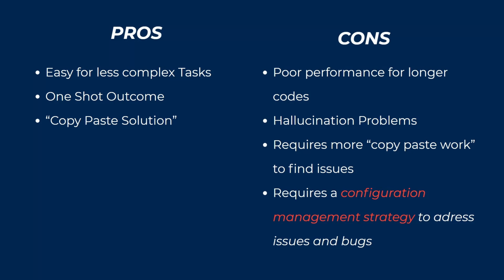So this means that you need a configuration management strategy. That means that you would be very careful about not losing the best so far version, which means that you would change parameter for parameter and test every time you have an outcome.